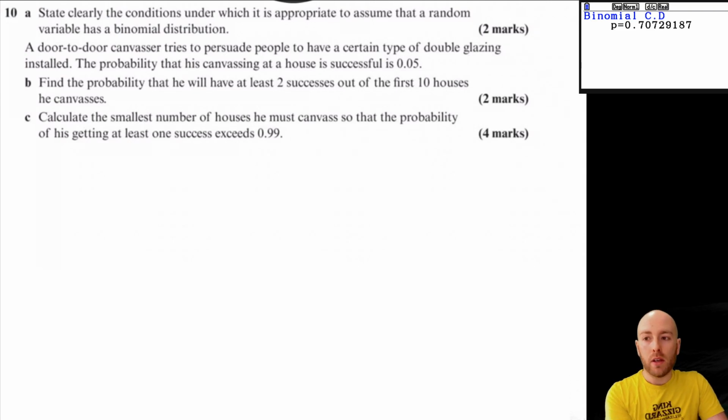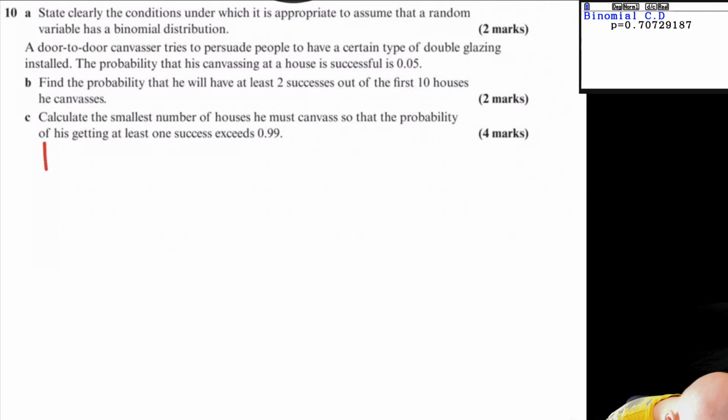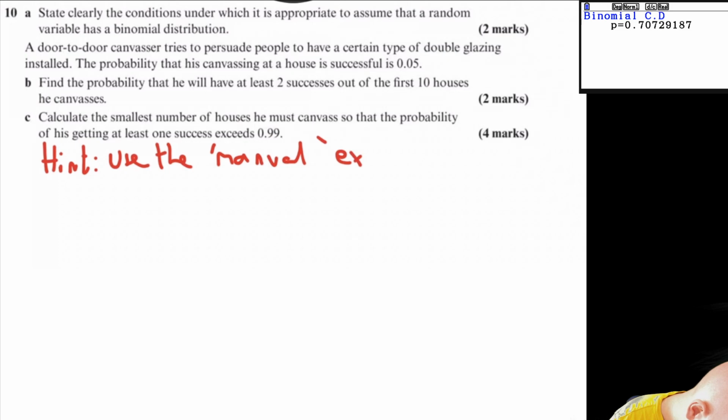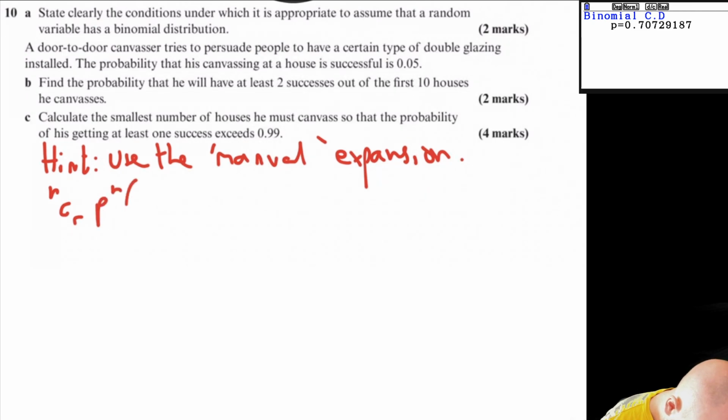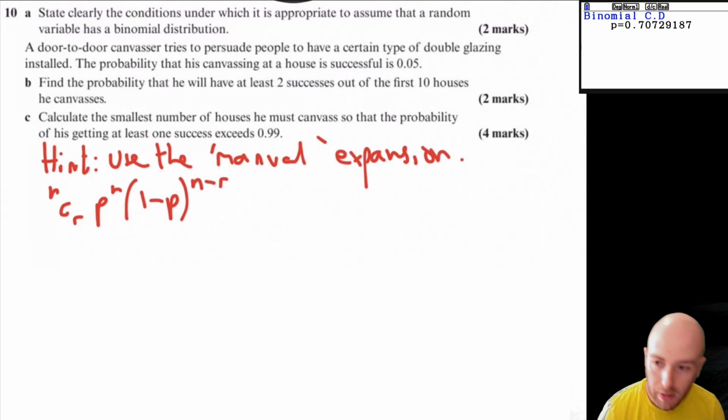Part A and B are fine. Part C gets difficult. My hint for part C: use the manual expansion. So what I mean by that is use the nCr p to the n, 1 minus p to the n minus r.